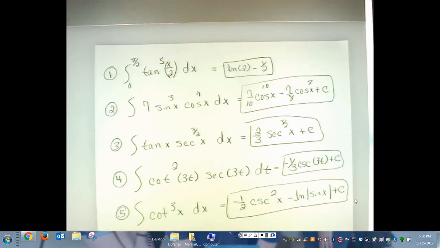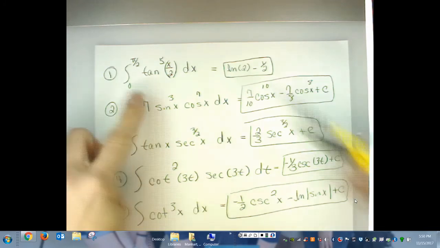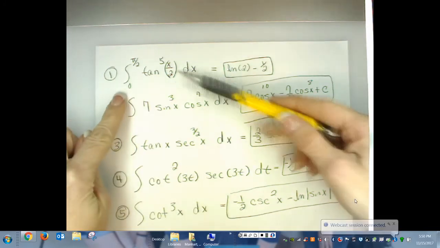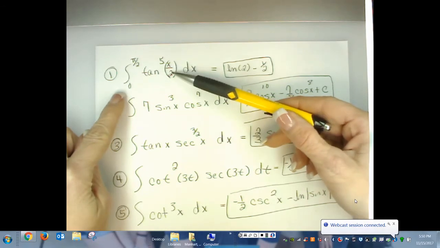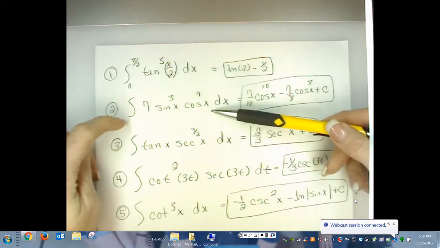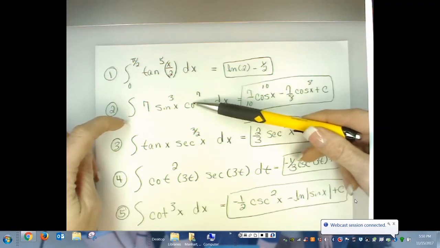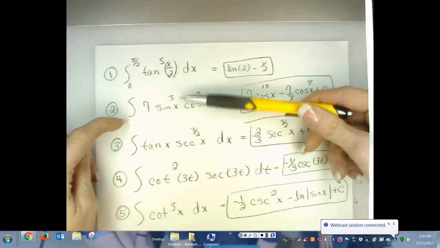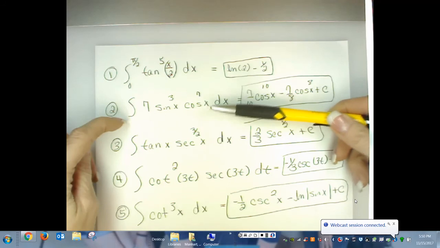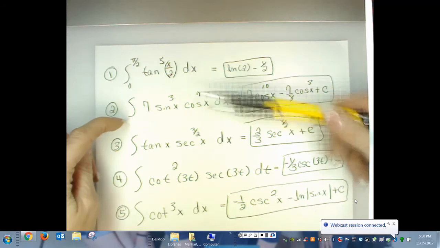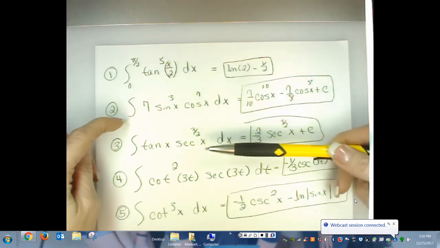For example, the first problem involves tangent to the power of 5, and there's a reduction formula for that. The next problem involves, in standard form, a power of sine times a power of cosine, and there's a table for this one. M is 3, N is 7.